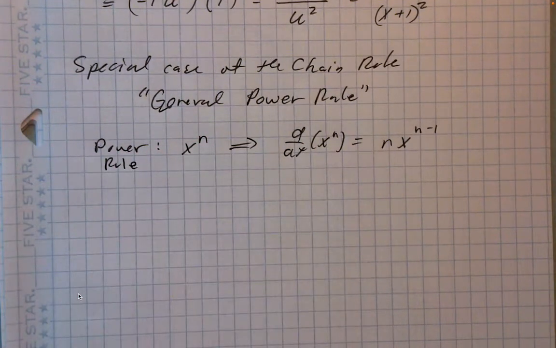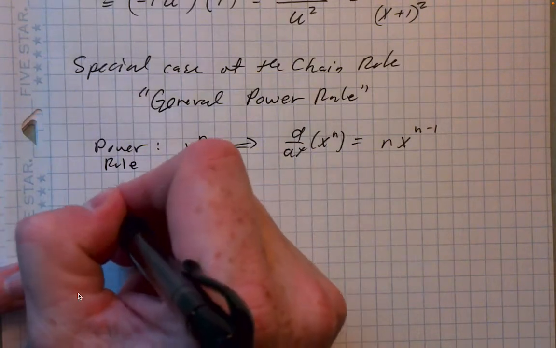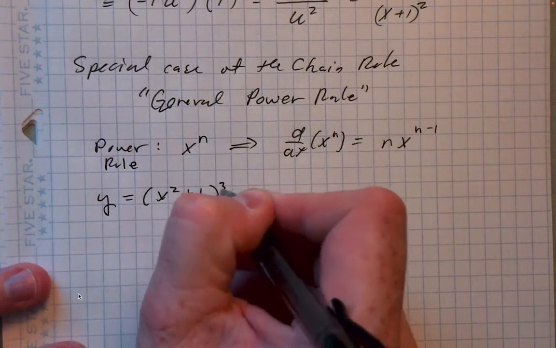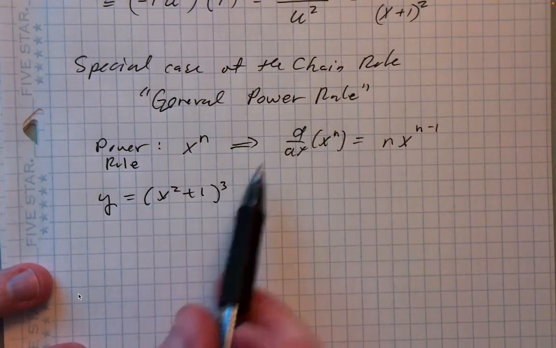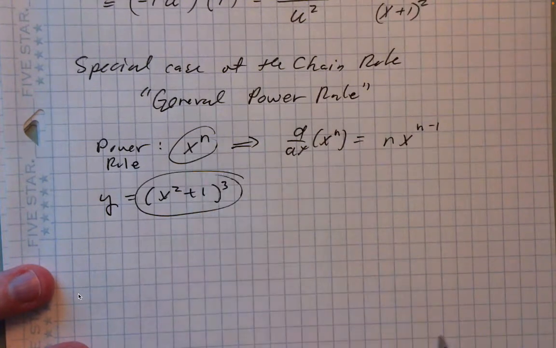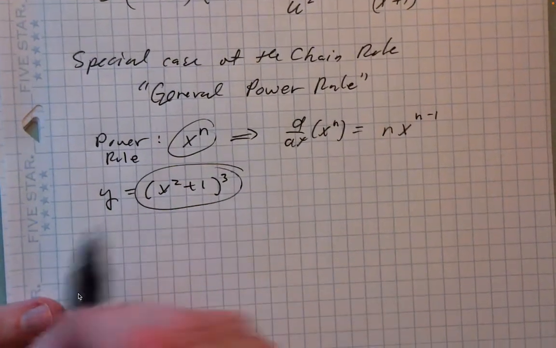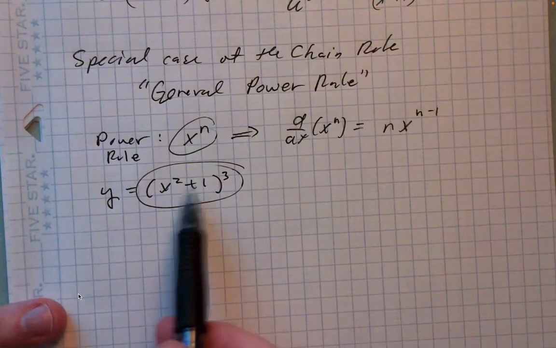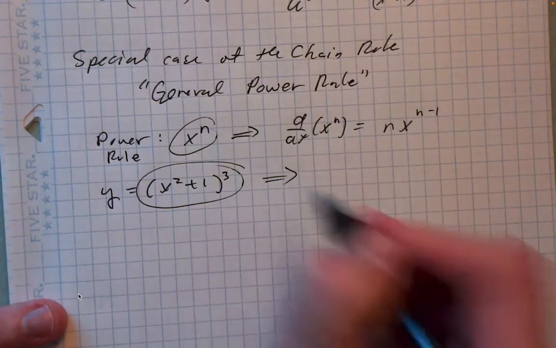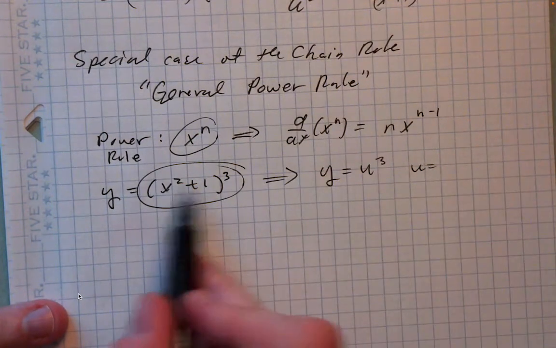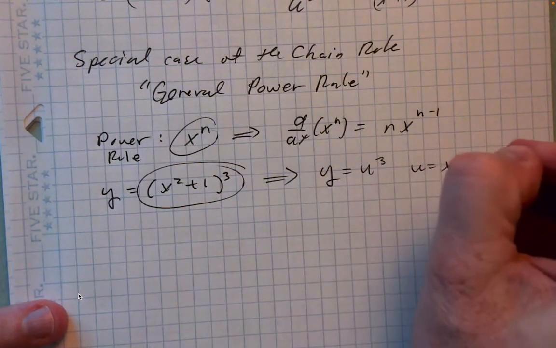There's a more general case of it, right? So when you have a function such as y equals x squared plus 1 to the third power, this doesn't exactly fit. This is not the exact same form, right? So the general case of the power rule is really just the chain rule, where you could say y equals u cubed, u equals whatever's inside there, in this case x cubed plus 1.